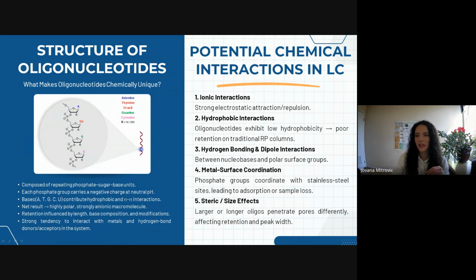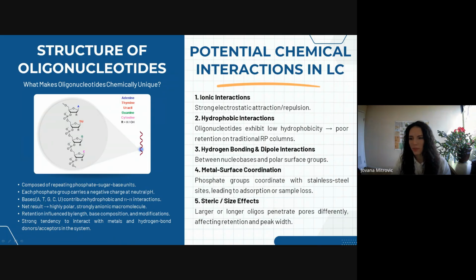So now let's take a closer look at what gives oligonucleotides their chemical personality. They're composed of repeating phosphate-sugar-base units. The phosphate groups are negatively charged, and the bases such as adenine, thymine, guanine, cytosine, or uracil introduce pi-pi interactions, polar and weak hydrophobic interactions.